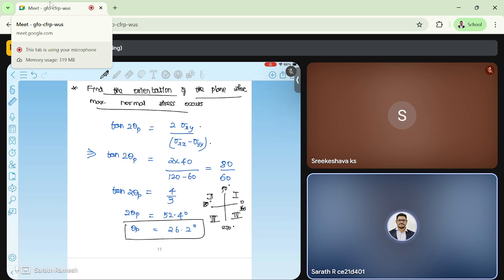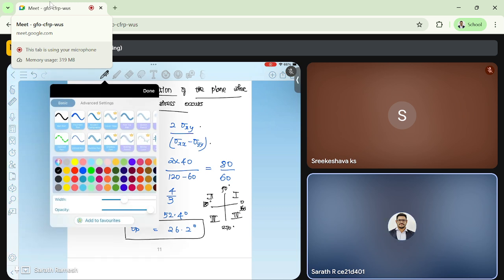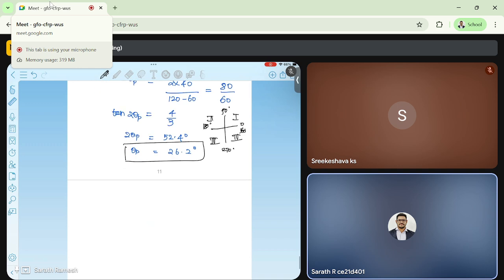That alone we have to take care of. Fine. This is the plane for maximum normal stress. And next part of the question: the maximum shear stress value is done.